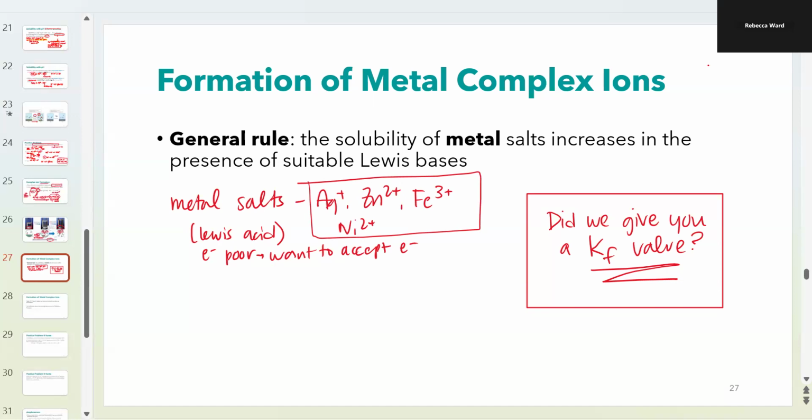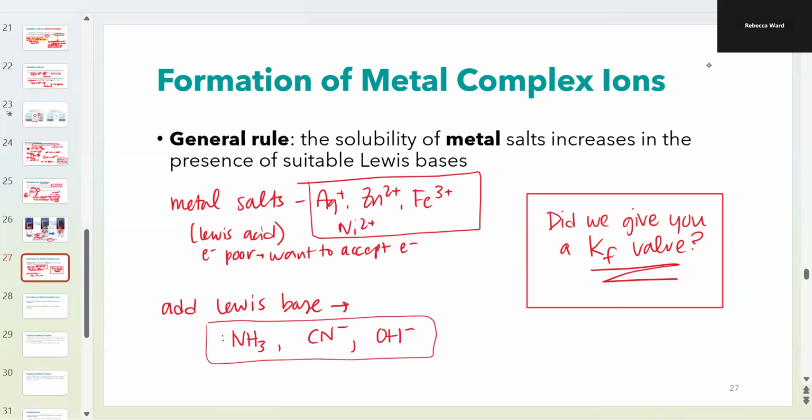Again, I'm not expecting you to know this or to predict it, but just so that you have some familiarity: if I put a salt with one of these cations in, and then I add a Lewis base, and we typically see those as ammonia, right? It has an electron pair to give. CN minus certainly has an extra electron pair to give. OH minus. These are the things that are going to come and latch on and make complex ions with those metal salts. Again, I don't expect you to predict it.